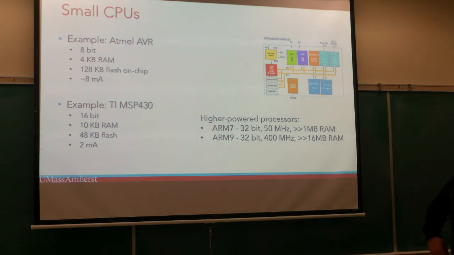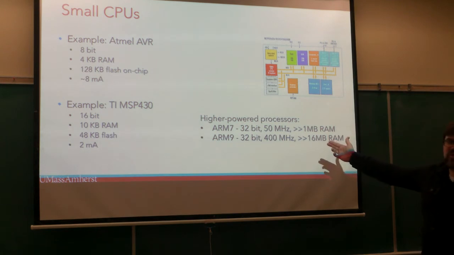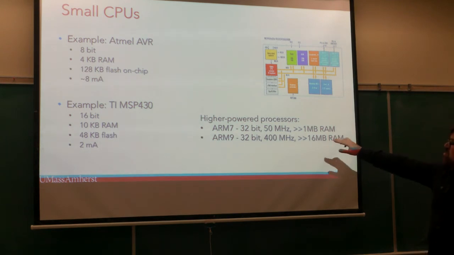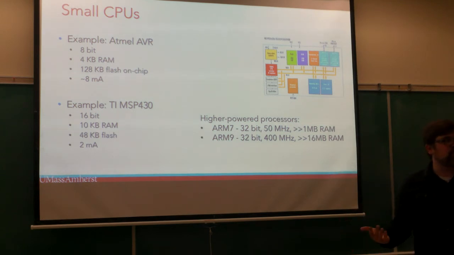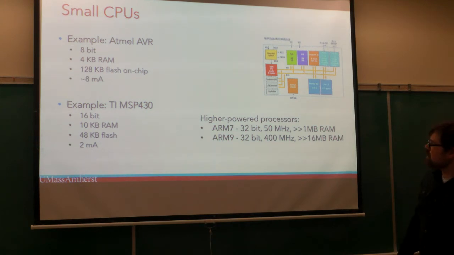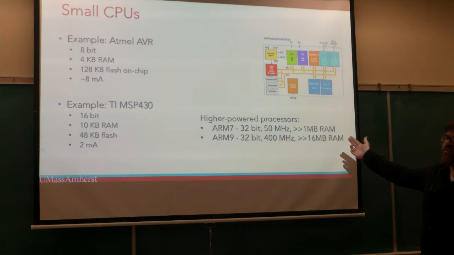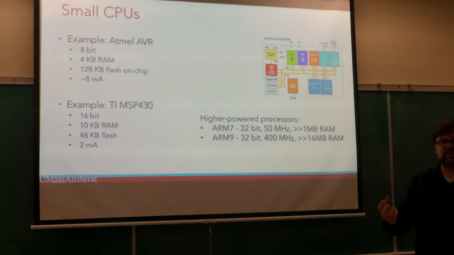And if you want more horsepower, the Raspberry Pi actually uses something like an ARM7 or an ARM9, which is similar to the type of processor you would find in a mobile phone. So you can think of it as being on that scale. And I think there are ways that you can power optimize these into devices that aren't necessarily plugged into the wall.